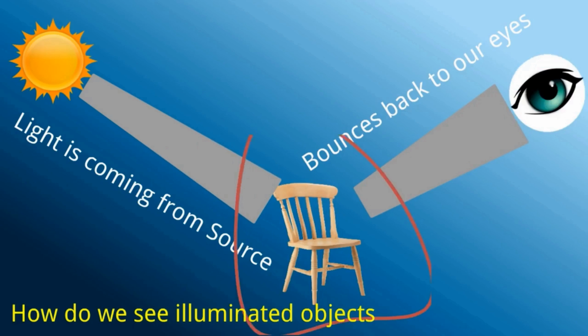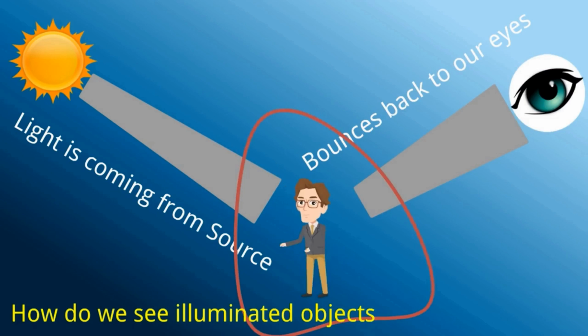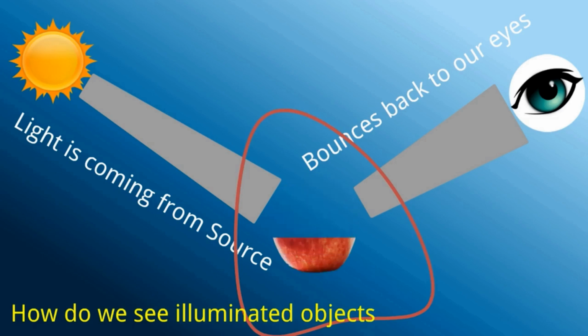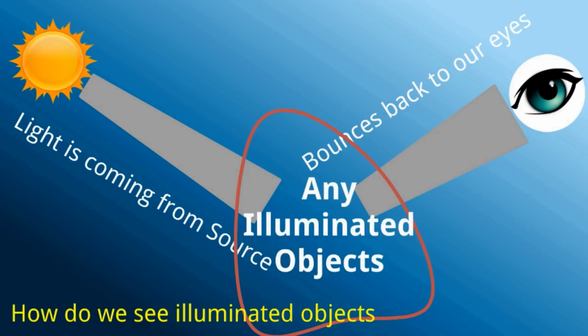In the same way, instead of a chair, we can see a person. Light is falling on the person and again the light bounces back to our eyes and we can see the person. If you take a football, it is the same thing. And you can even take the example of an apple. Here light is falling on the apple and it bounces back to our eyes and we can see the apple. In that way, we see all illuminated objects with the help of light from luminous objects.